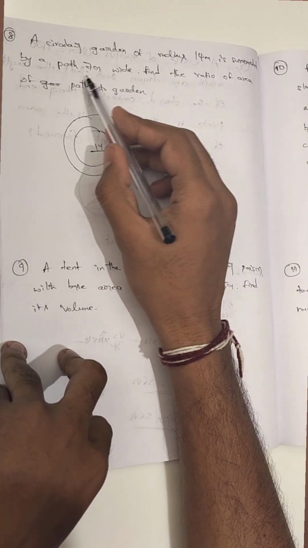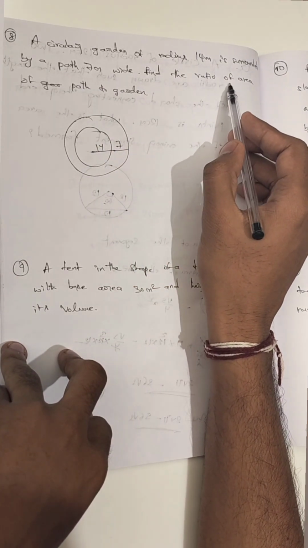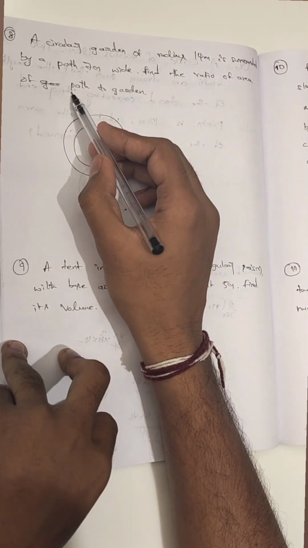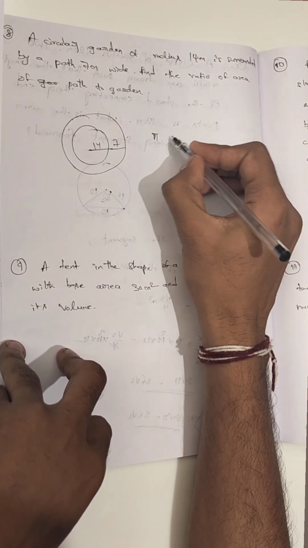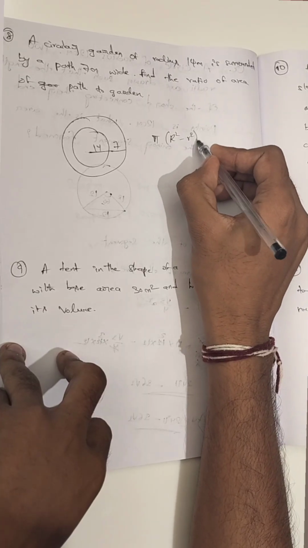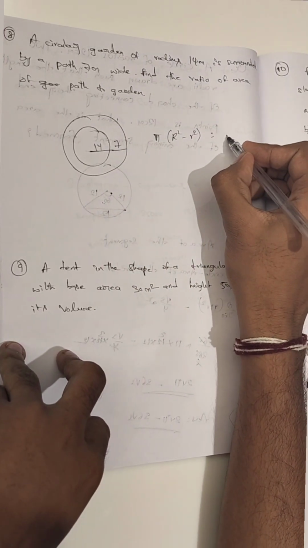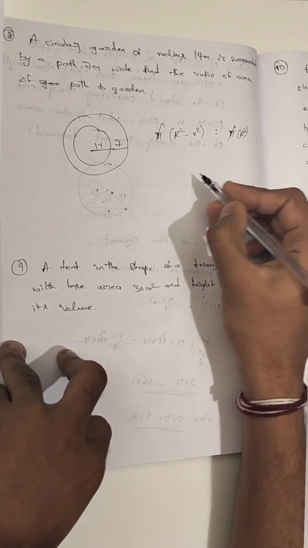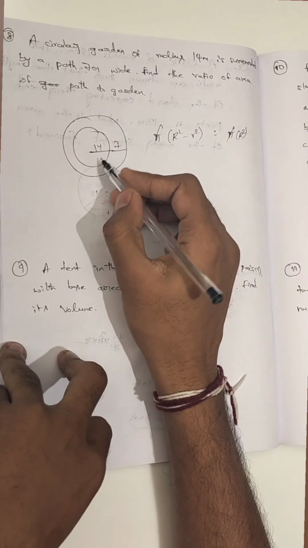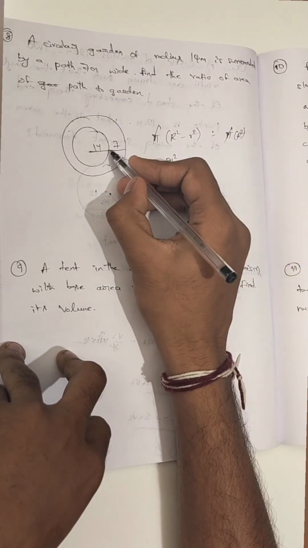Okay, surrounded by the path 7 meters wide. Find the ratio of area of the path to garden. It is the path actually. Pi R square minus r square is to garden, 14 pi r square. Pi get cancelled. 21 square minus r square.